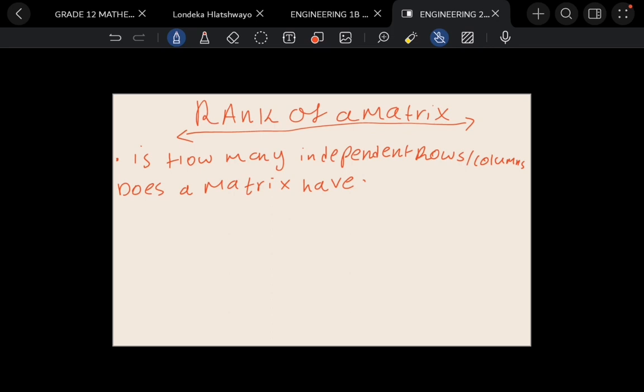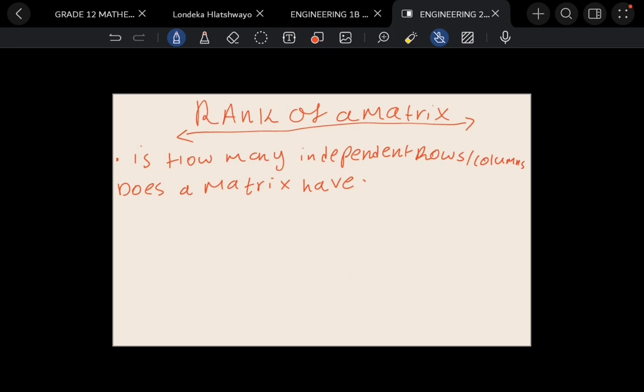That is the definition of the rank. Though not these types of hard ones. I know there are hard definitions, but just know that the rank of a matrix is how many independent rows or columns a matrix has.